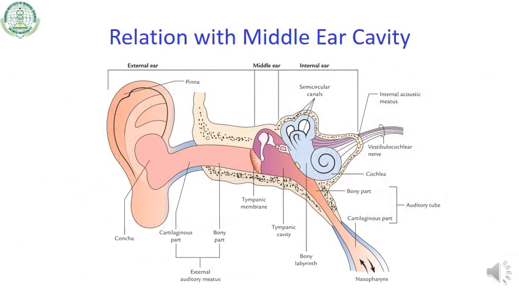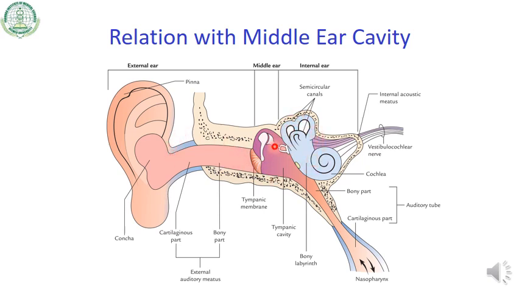What is the relation with the middle ear cavity? So this picture shows you the diagrammatic representation. So this is auricle or the pinna, this is external acoustic meatus, this is tympanic membrane, this is middle ear cavity, this is internal ear.